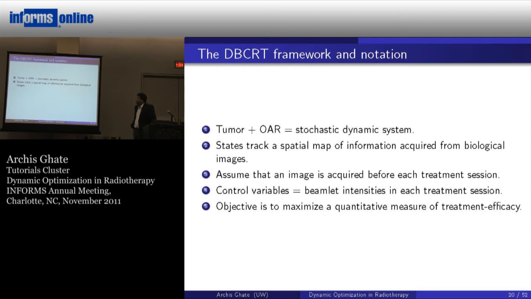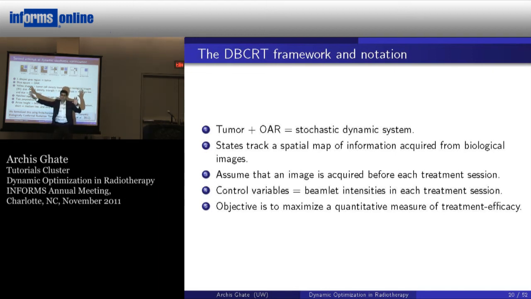As I said before, the state will track the spatial map of how the information I acquired from biological images is changing over time. Spatial map meaning, going back to these pictures, where is the high density in terms of space, and how is that changing over time? That will somehow be incorporated in the state of the problem that I'm going to formulate.